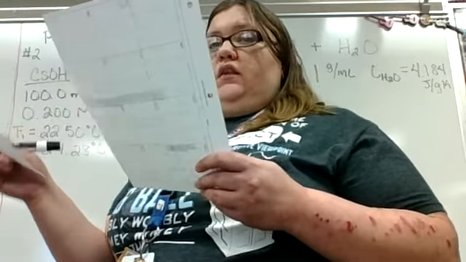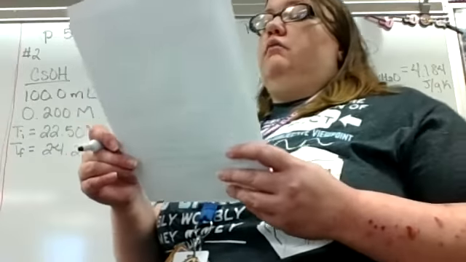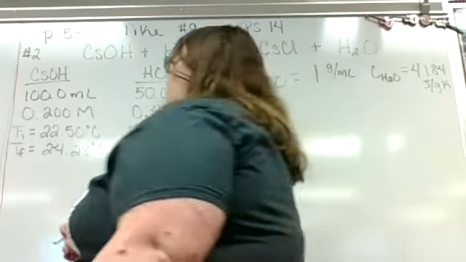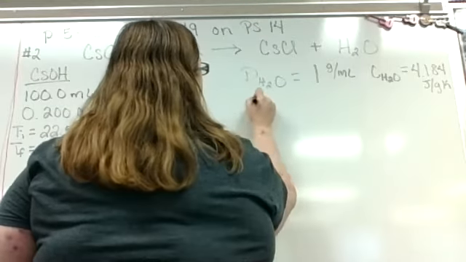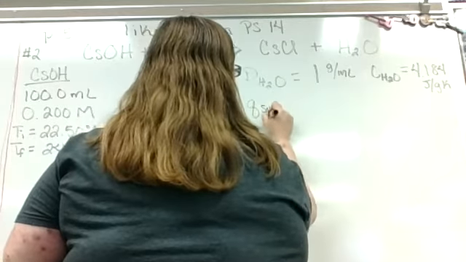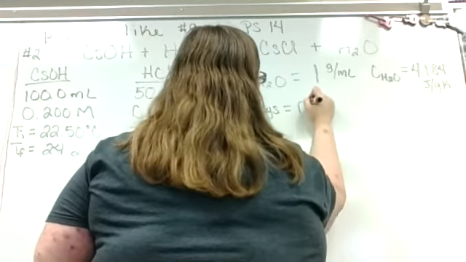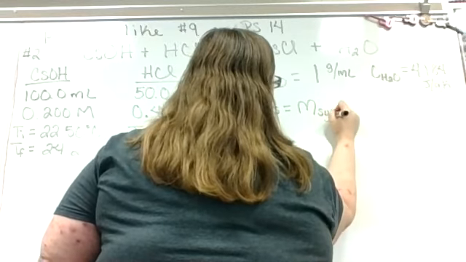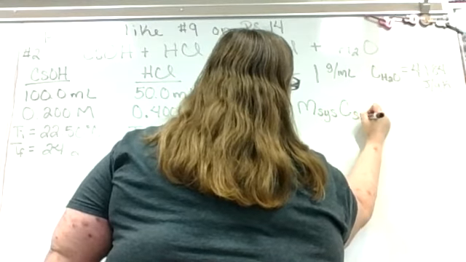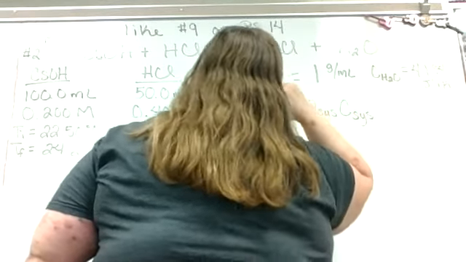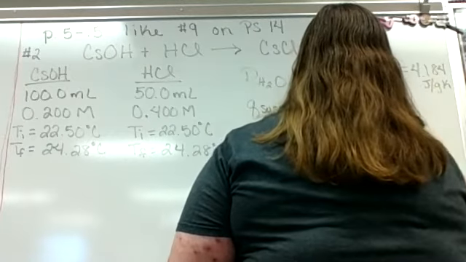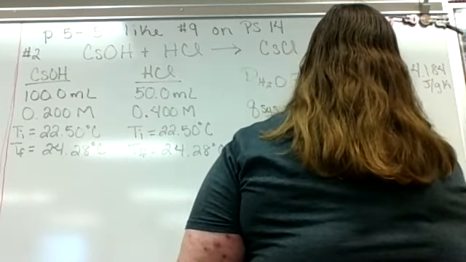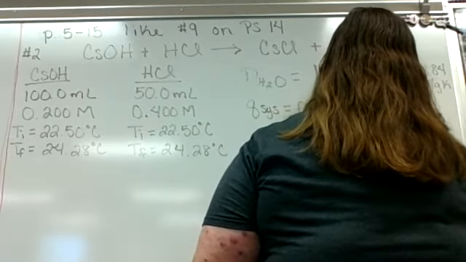All right. So we are going to use Q of the system equals mass of the system times the heat capacity of the system, which is all water. So that would be the heat capacity of H2O times delta T of the system.